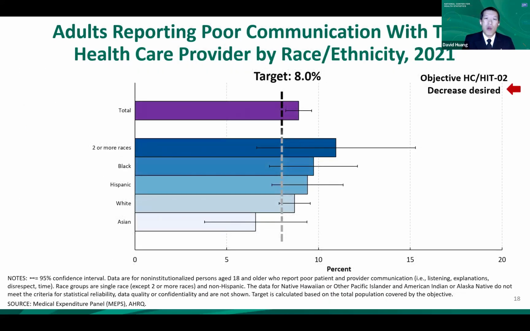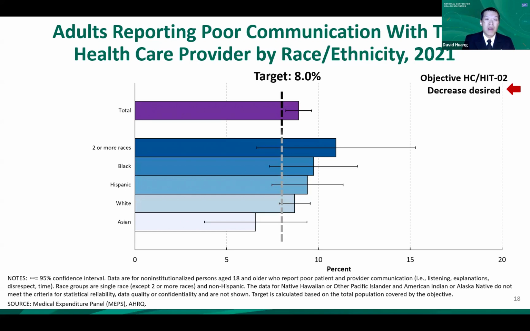This slide shows adults reporting poor communication with their healthcare provider by race and ethnicity in 2021. 8.9% of adults aged 18 years and over reported poor provider communication, which is unchanged from the 2017 baseline. Among racial ethnic groups, Asian adults had the lowest rate, 6.6%, and adults of 2 or more races had the highest rate, 11.0%.